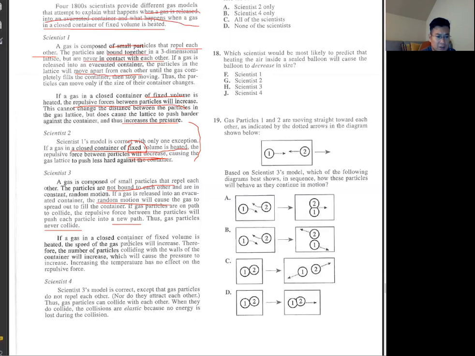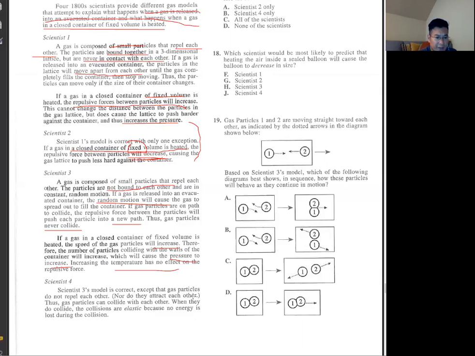And when gas enclosed in a container of fixed volume is heated, the speed of the particles will increase, and finally the pressure increases. Temperature has no effect on the repulsive force, so temperature increases too.